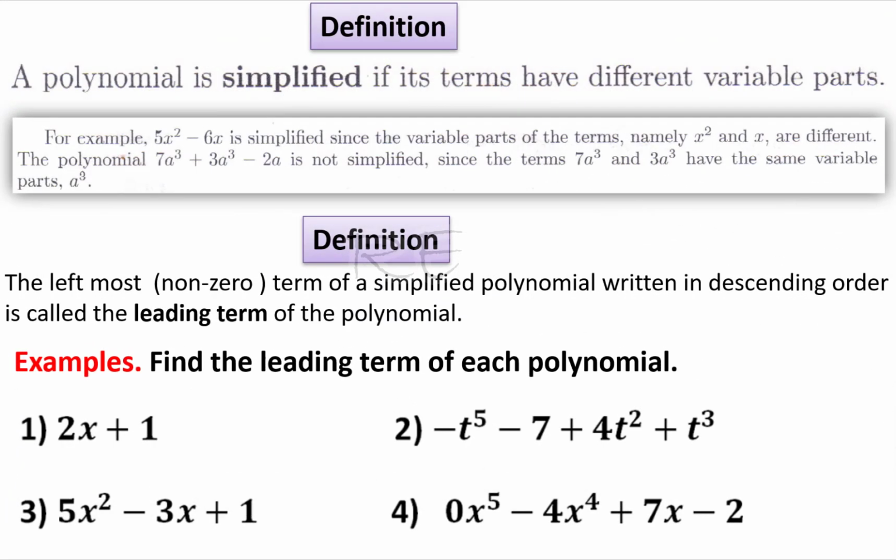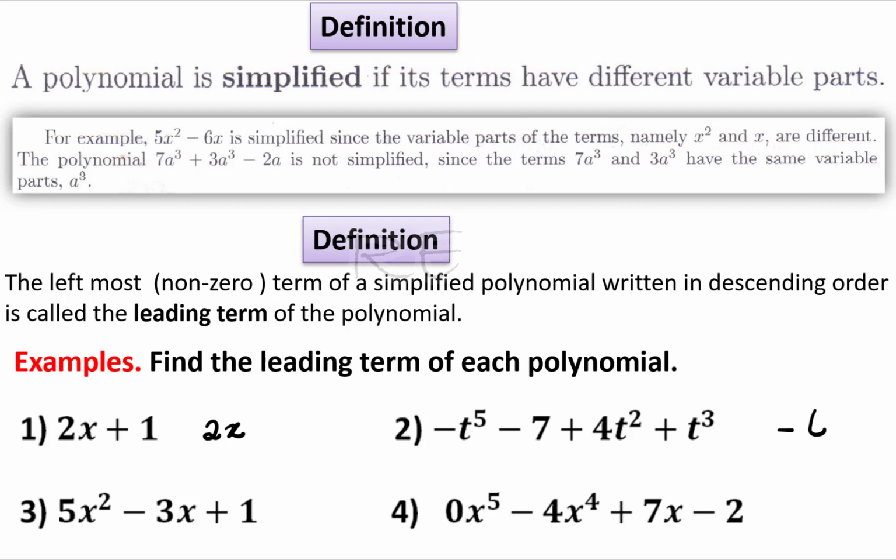The leading term of a polynomial is the term with the highest power of x. When written in descending order, that term is the first term. 2x plus 1: the leading term is 2x. It has the highest power, which is 1.